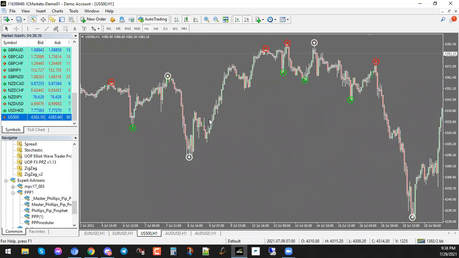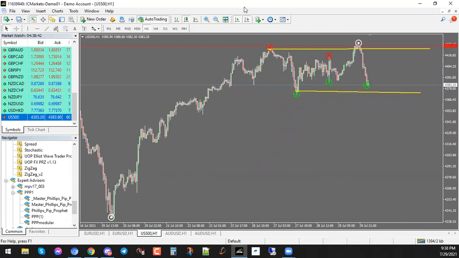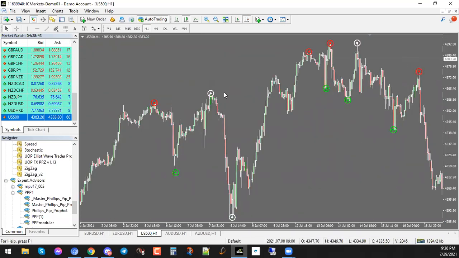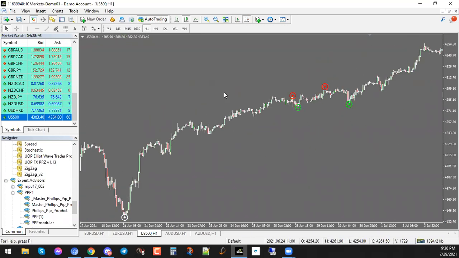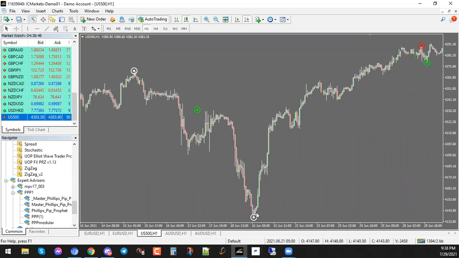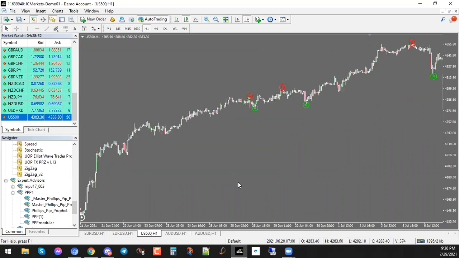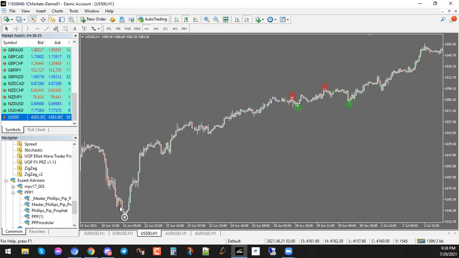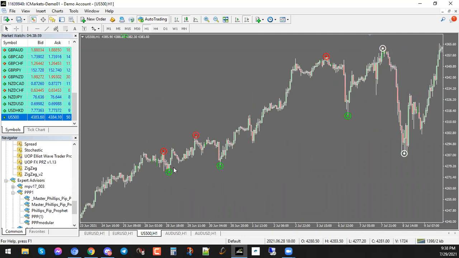All right, let's see here. Okay, so here we have this white dot, and let's just say that we're only looking to take buy setups because this is telling us the price is moving to the upside. So we're only looking to take buy setups.